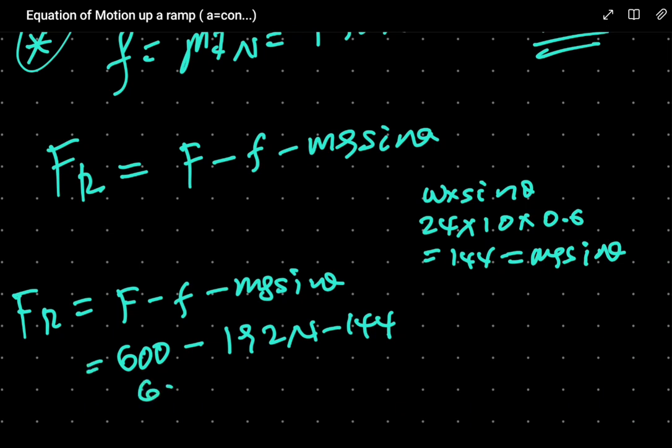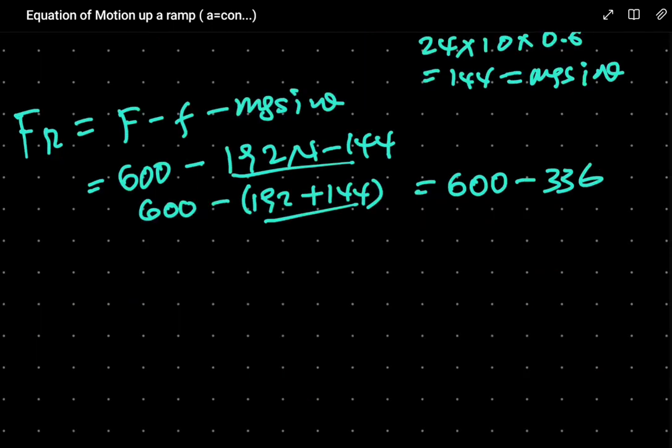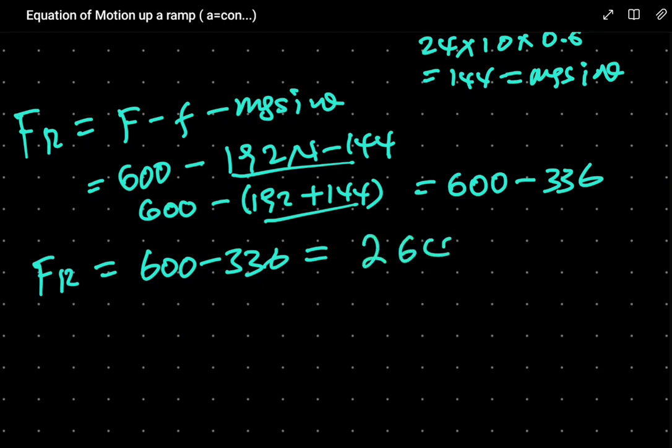So this is 600 minus the sum of these two, 192 plus 144, which is 336. Then the resultant force is 600 minus 336, which gives you 264. So the resultant force responsible for the acceleration is 264 Newton.